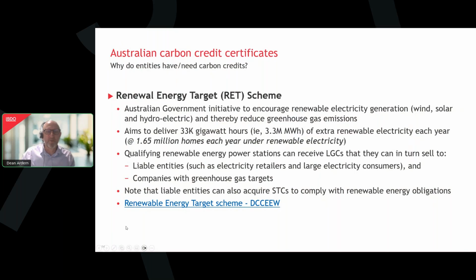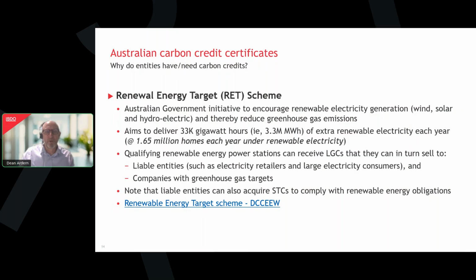So we'll start off from the very top, the Renewable Energy Target Scheme. Now, this scheme you might be aware of not only from business-related activities, but also your personal experience. So at the moment, the federal government is funding solar panels and batteries into domestic homes.